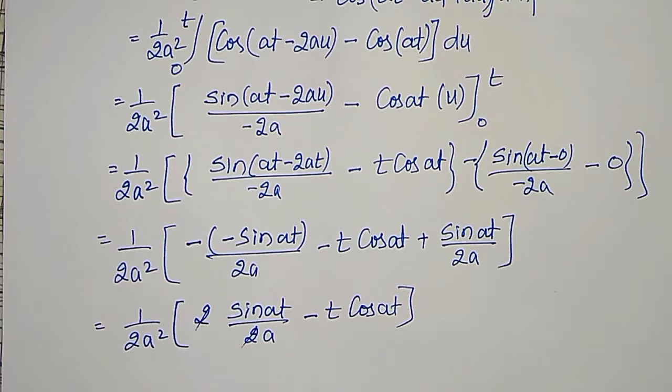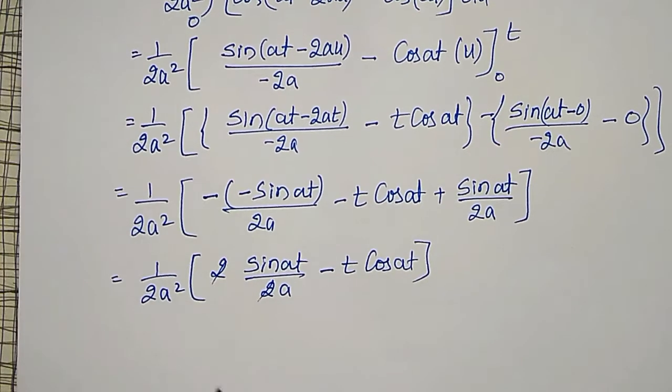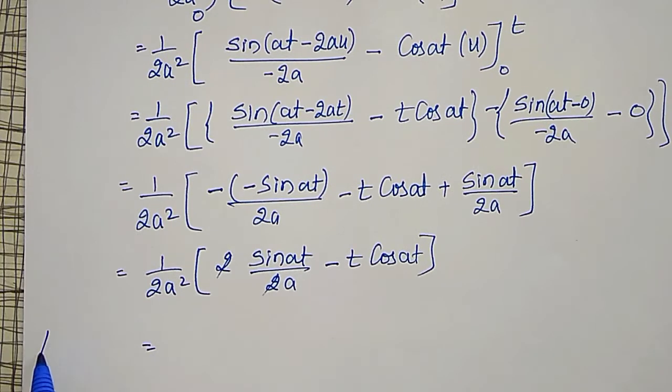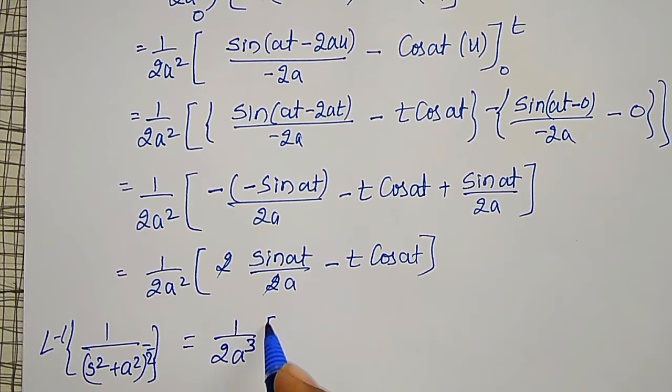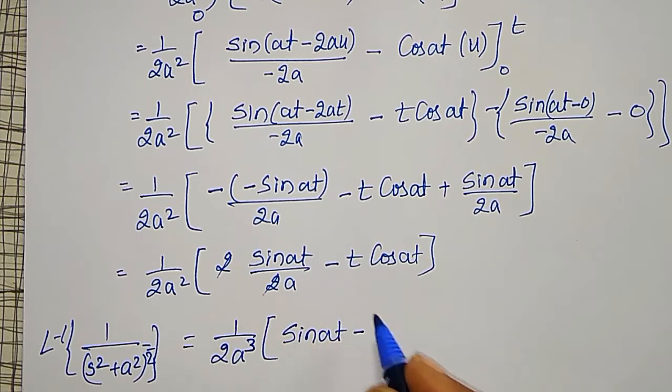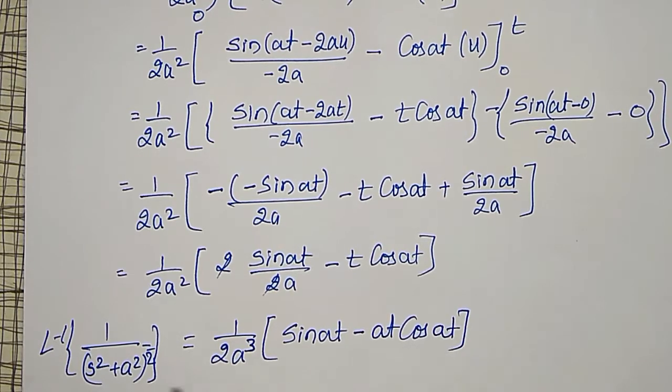Okay, here 2 cancels, and a you can take LCM, and final answer I am going to write, that is inverse Laplace transform of 1 divided by (s square plus a square) the square. I can write it as LCM as a, and a taken outside, 1 divided by 2a cube into sin at minus a is multiplied here, at into cos at is the required final answer.